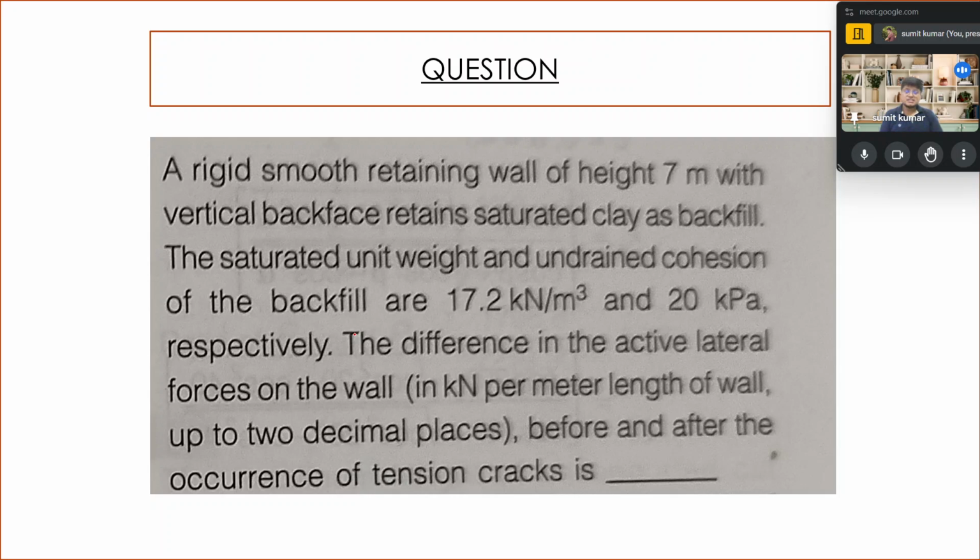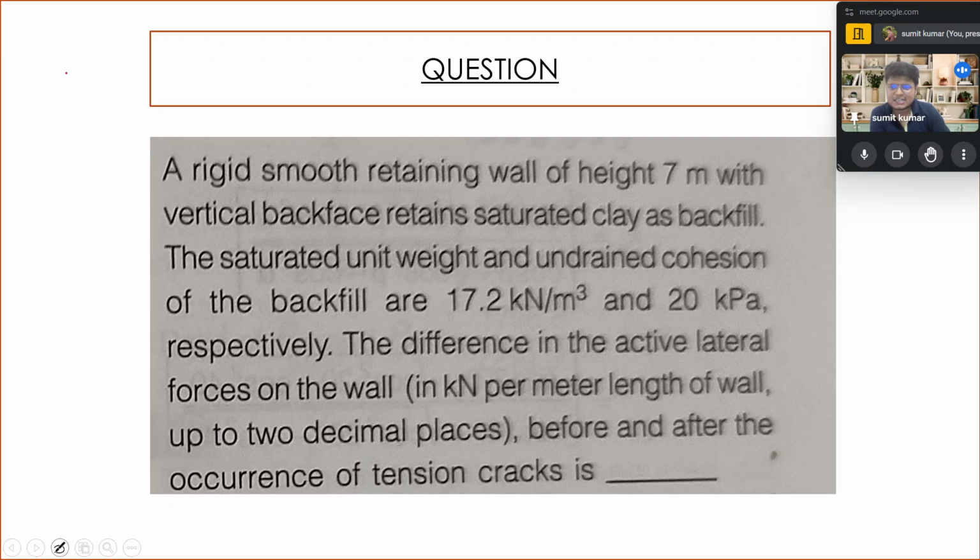Find the difference in the above lateral force on the wall in kilonewton per meter length of the wall, up to 2 decimal places, before and after occurrence of tension crack. Okay, so I will draw and explain the thing, and then we will see the solution from the solution slide, which is in the next section. So first of all, I will explain this.